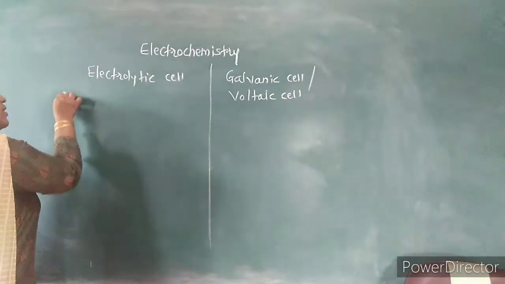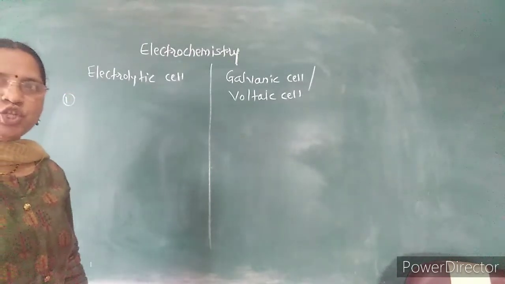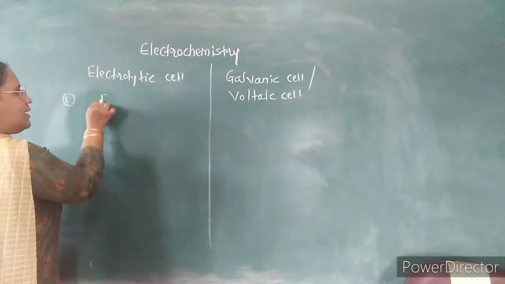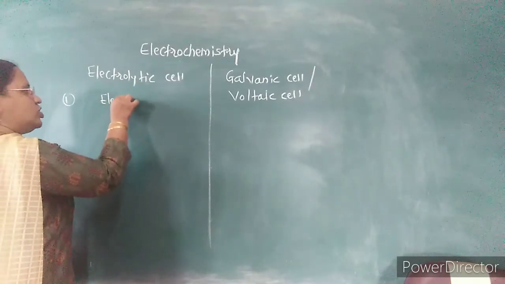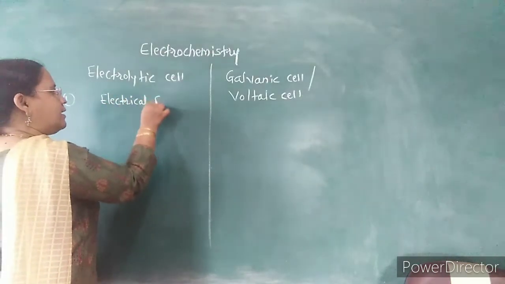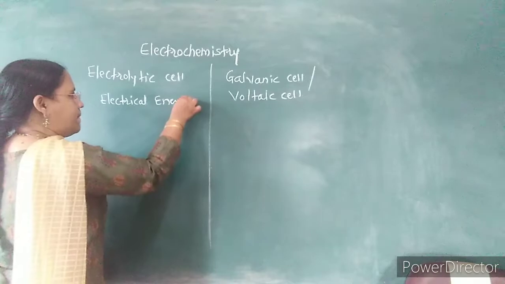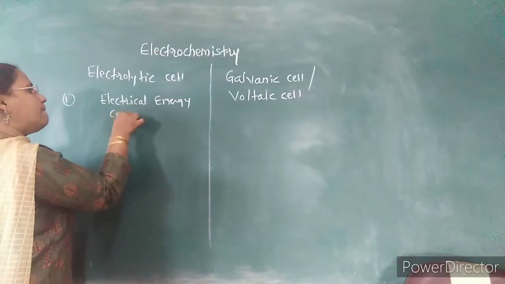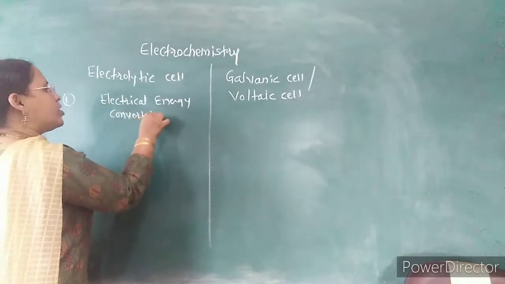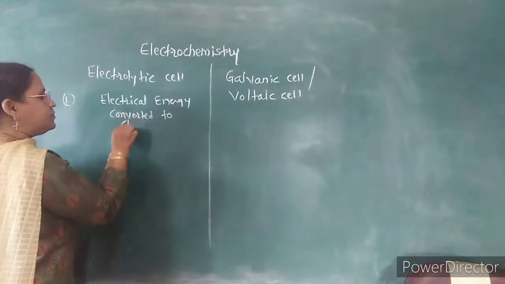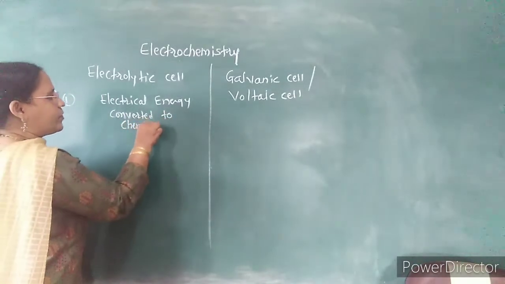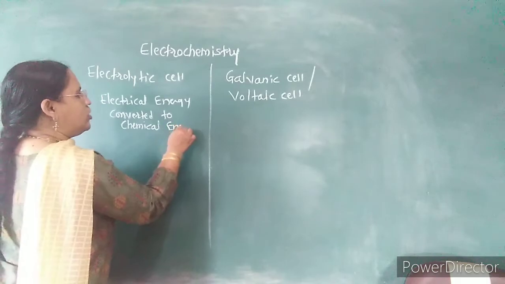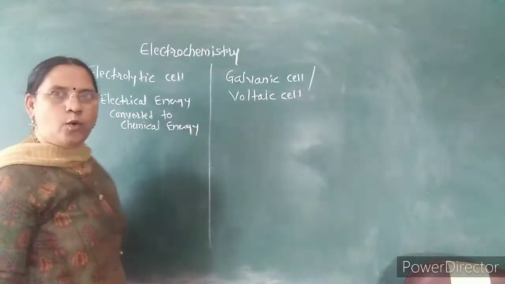So what is electrolytic cell? It is a cell which is used to convert electrical energy into chemical energy. And what is galvanic or voltaic cell?